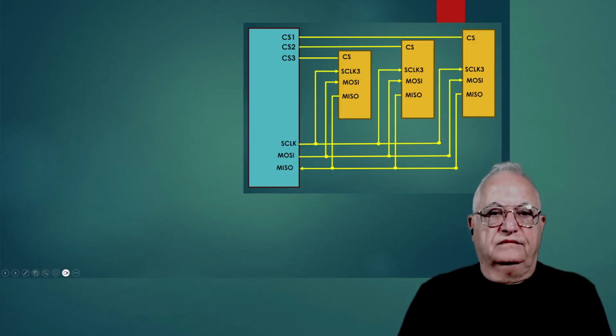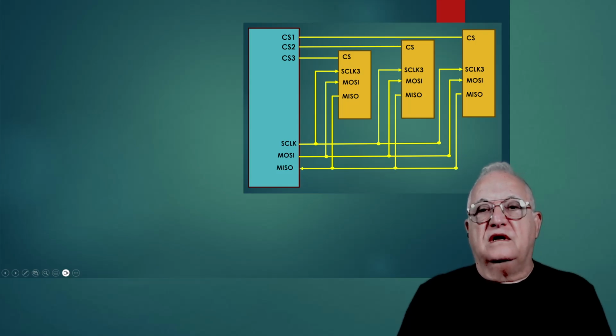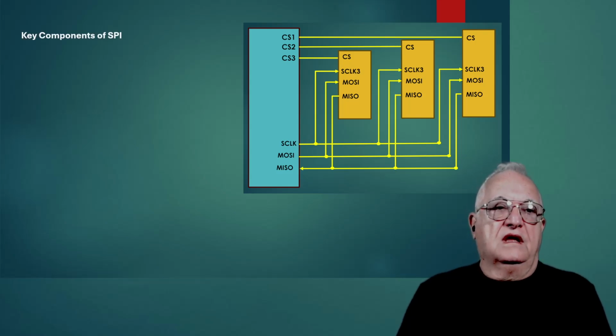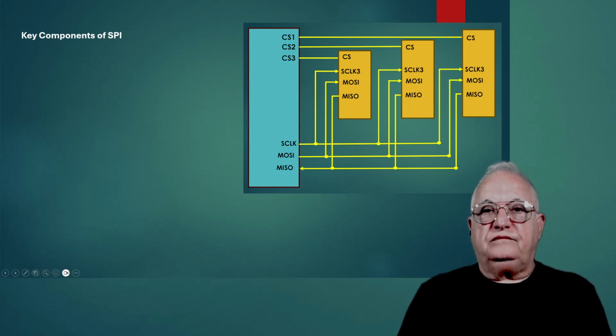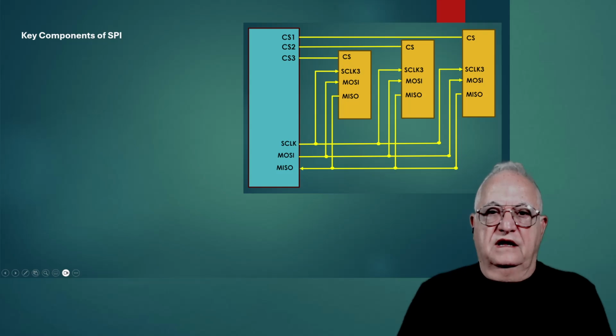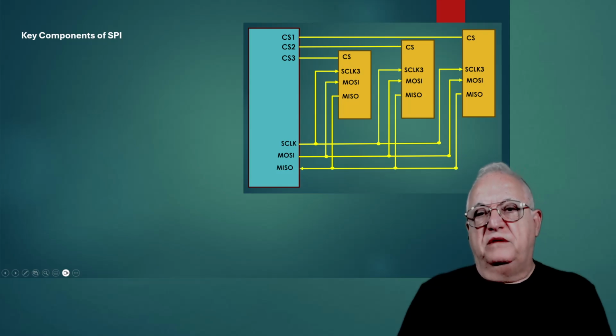So let's look at the key components of the SPI communication. What we have here are 3 chip select lines that are connected to each of the sensors. We have the master, which would be the microcontroller, and 3 sensors here. To be able to talk to each of the sensors, the microcontroller needs a chip select.